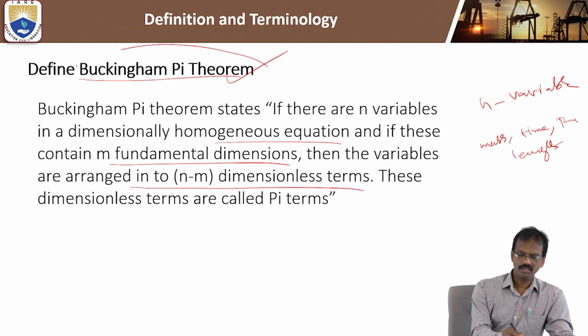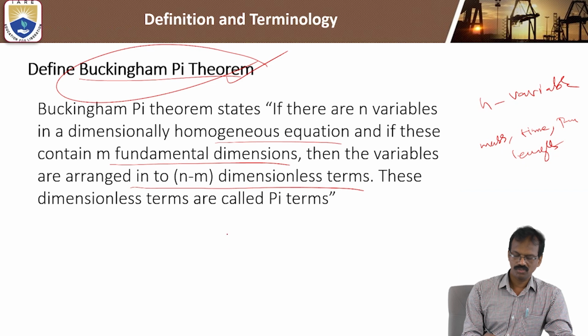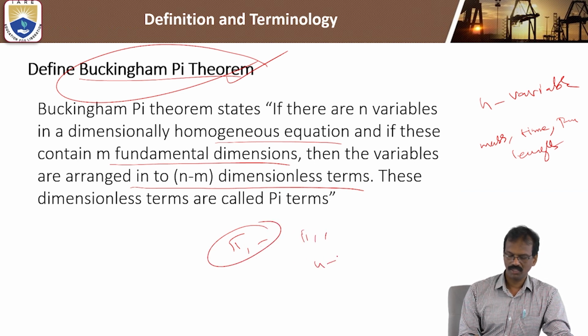According to the Buckingham pi theorem, these are called pi terms: pi 1, pi 2, pi 3. The total number of pi terms is equal to n minus m.